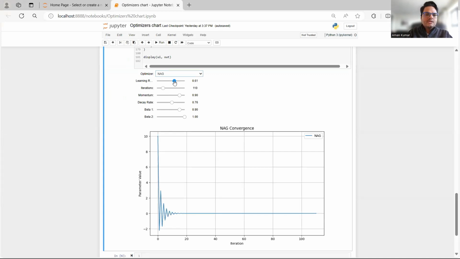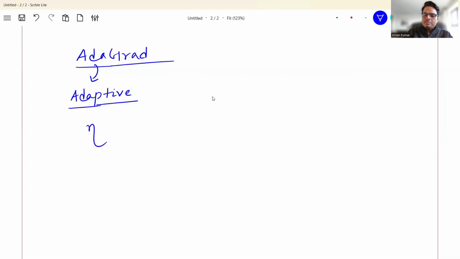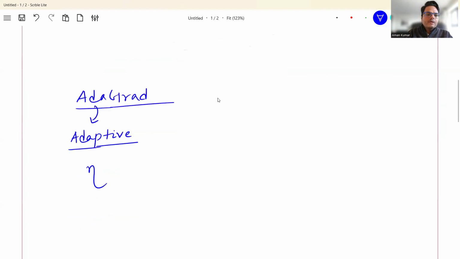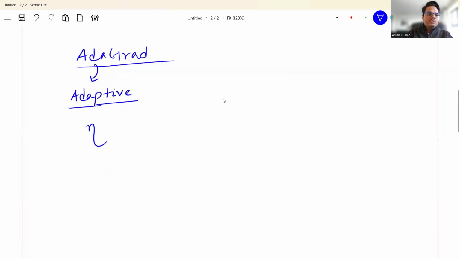But in our previous optimizers, the learning rate was not changing. It is fixed. But adaptive gradient uses the concept of a varying or changing learning rate, which means that learning rate can increase or decrease.